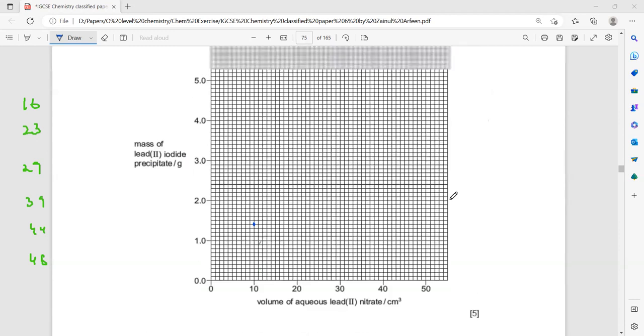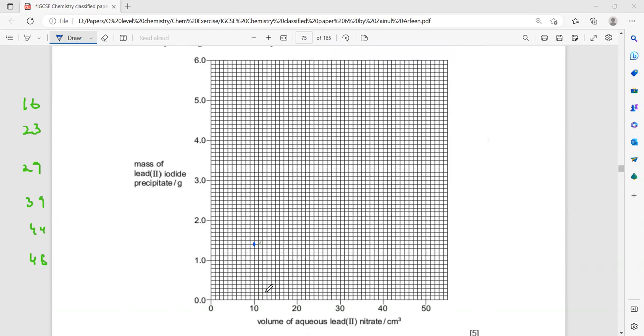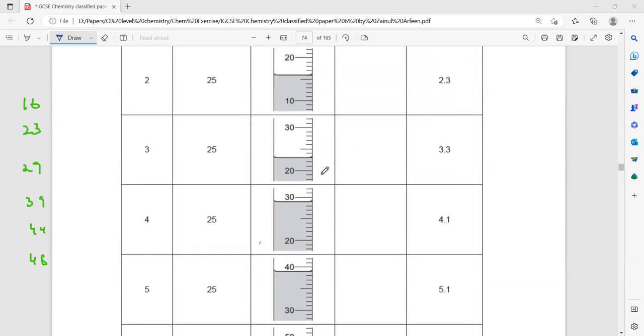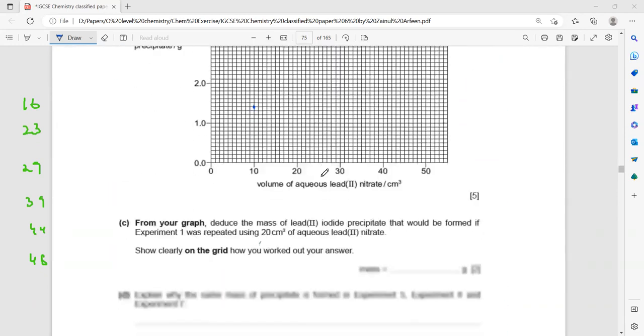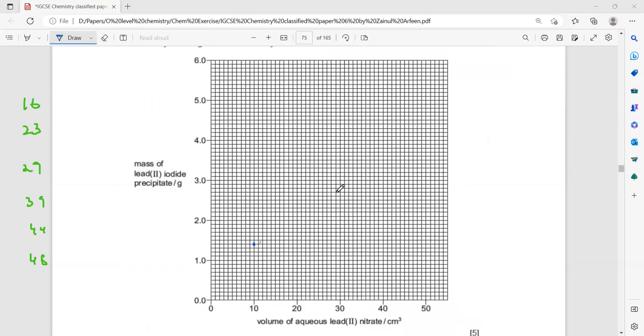Each box is representing 1, because 10 boxes equals 10. So this is 1, 2, 3, 4, 5, 6, so 16, and the second value was 2.3. This is 2, then 1, 2, 3, so this will be 16.